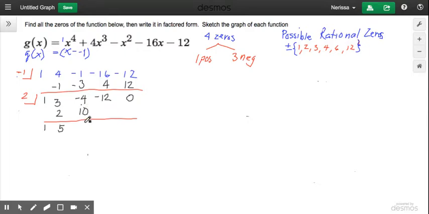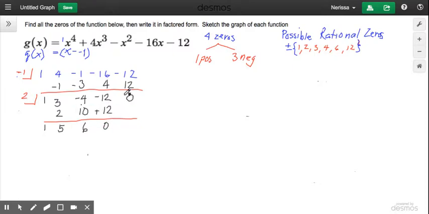Negative 4 plus 10 is 6. And 6 times 2 is 12. Now we found another 0. Oh, this is positive 12. And therefore this is 0.